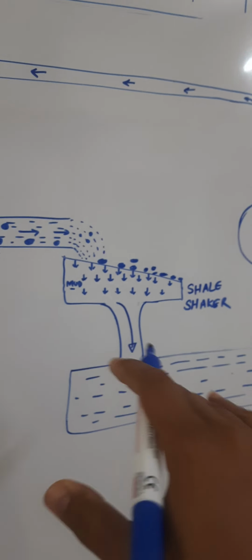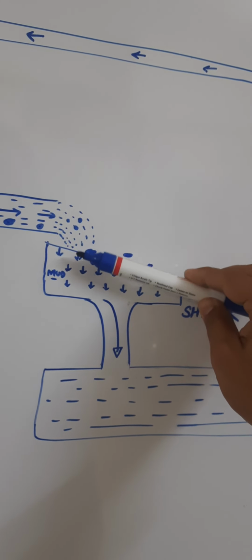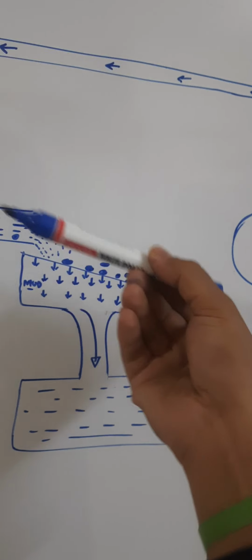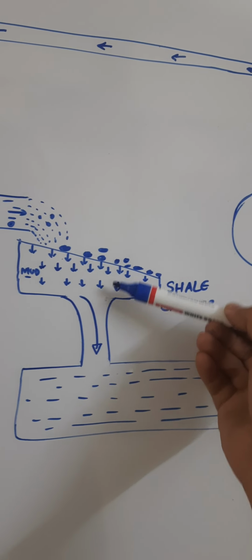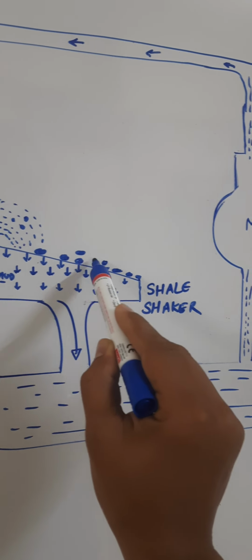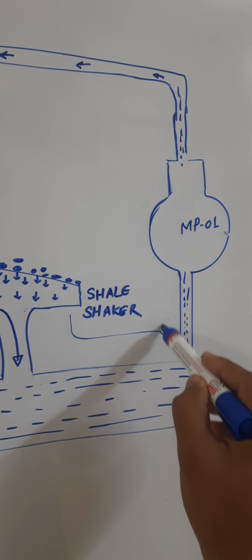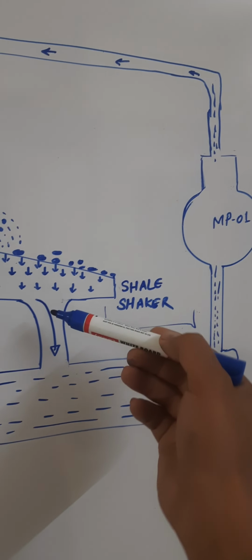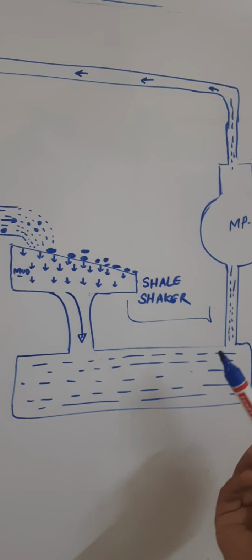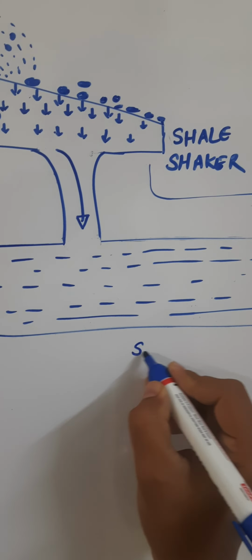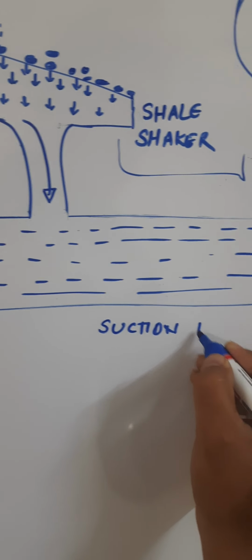It keeps shaking like this. So this mud drips down through the screens, which keep shaking like this. This mud drips down, and those cuttings get separated and collected in a pit called the waste pit, and this mud comes down, and this pure mud we get again in what is called the suction tank.